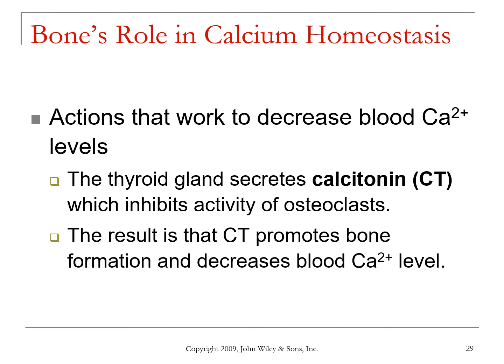So now because osteoblast activity outpaces osteoclast activity, there's an increase in bone building, which requires the uptake of calcium out of the blood into the bone. This essentially lowers blood calcium levels.